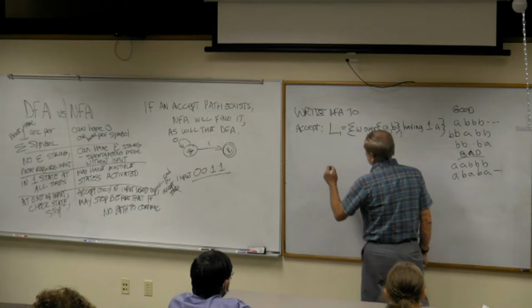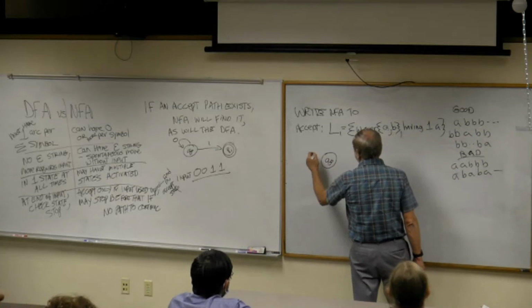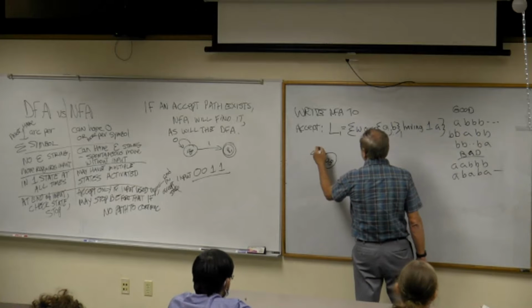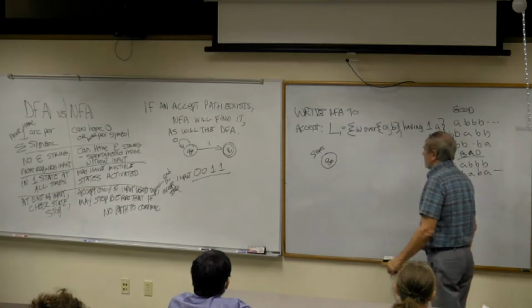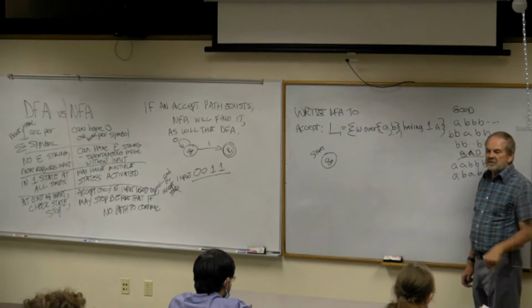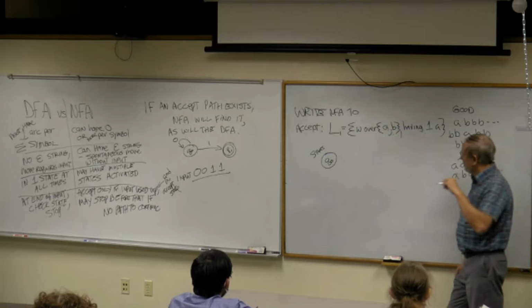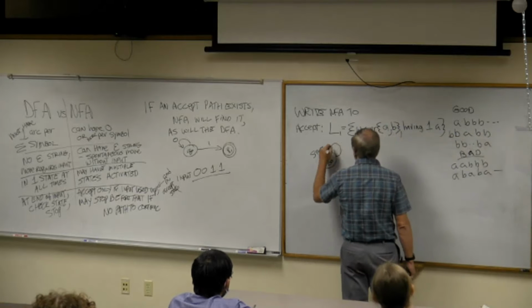We can make it an NFA. I assume you have a start state. Always presume that Q0 is the start. So what do we do? What's a transition? B's looping.